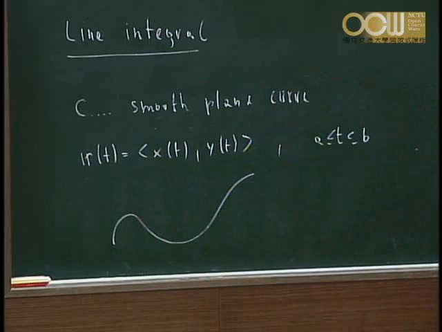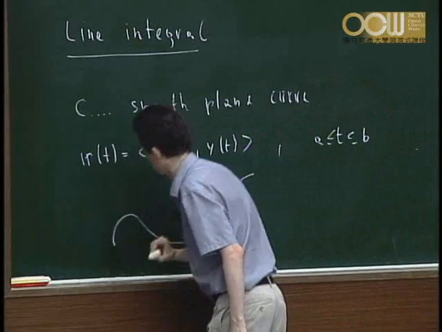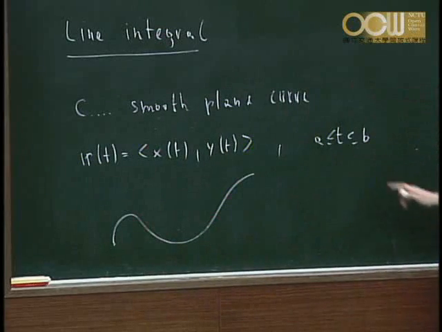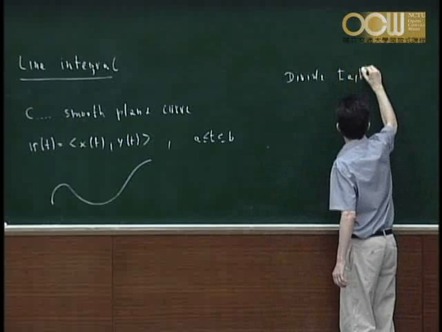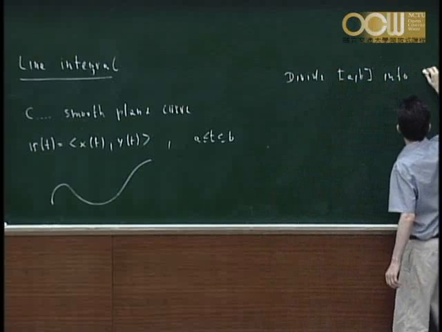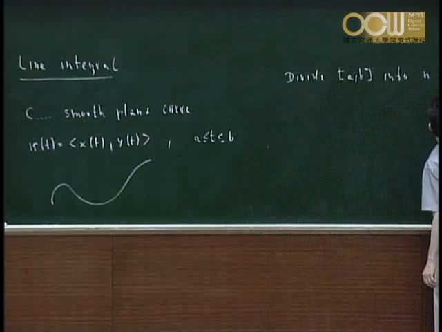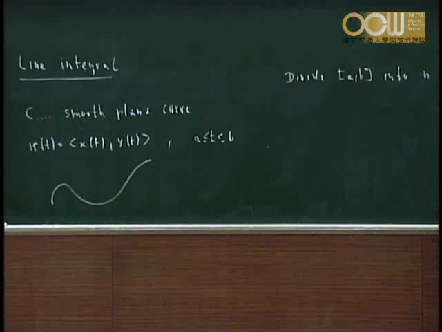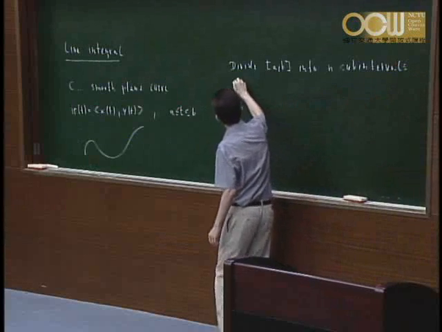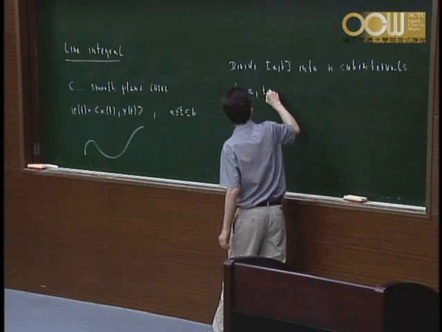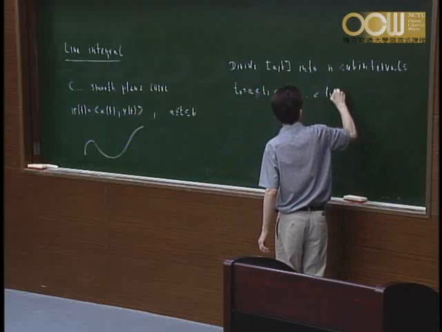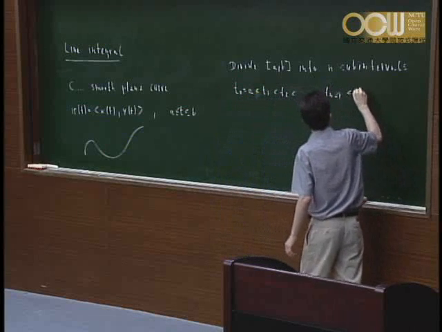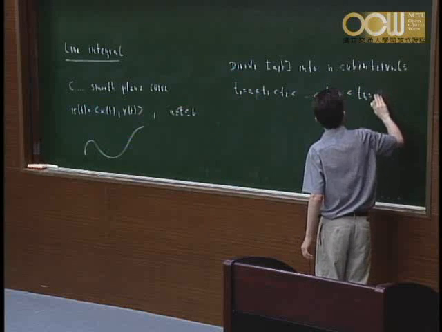Now what we want to do is divide the interval [a,b] into n subintervals. This will give you points t0, which is a, smaller than t1, smaller than t2, and so on, smaller than t(n-1), smaller than the last one, tn, which is equal to b.